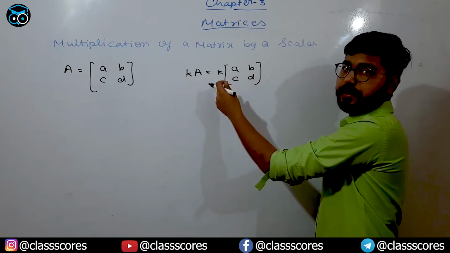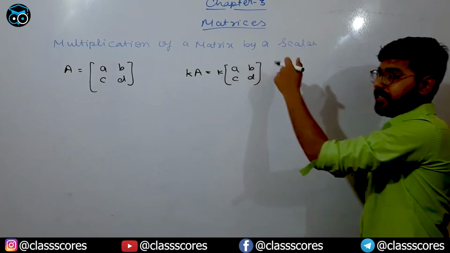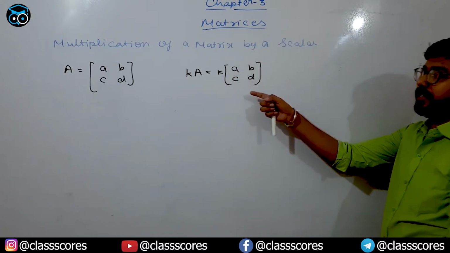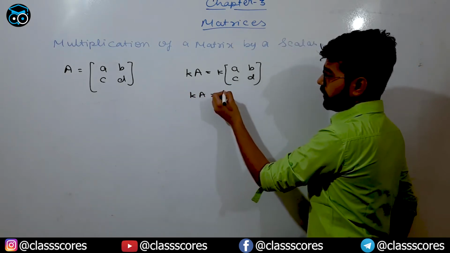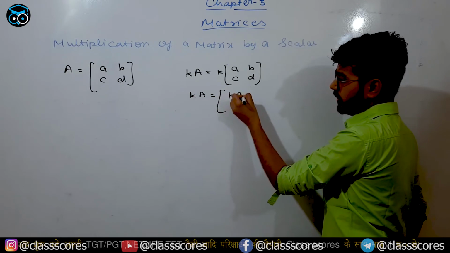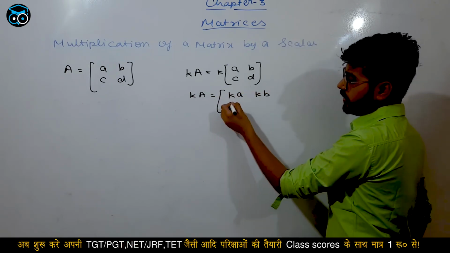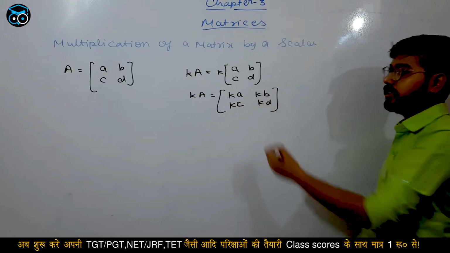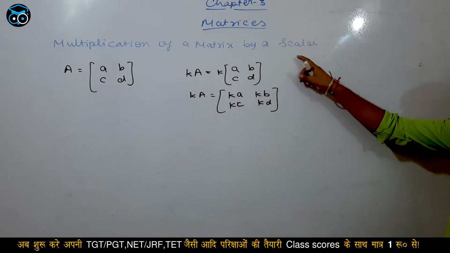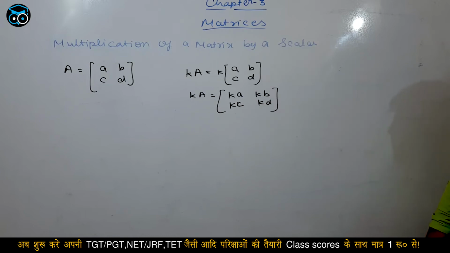Then this k is going to be multiplied into each and every element of this A matrix. Then it will become ka, kb, kc and kd. This is the basic process for scalar multiplication.